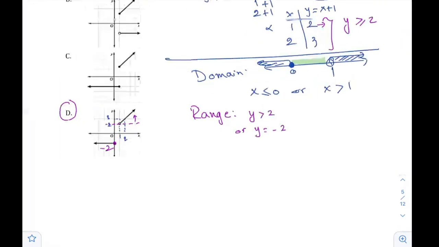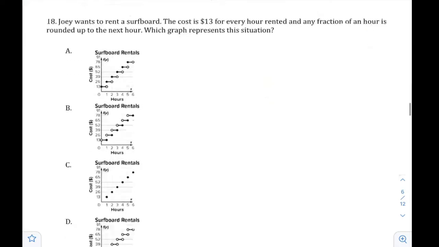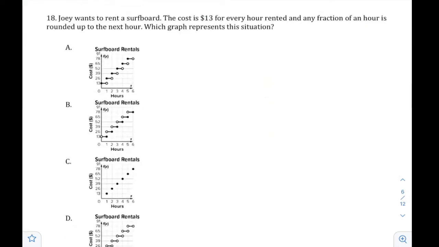Joy wants to rent a surfboard. The cost is $13 for every hour rented. Each hour has a rent of $13. And any fraction of an hour is rounded up to the next hour.